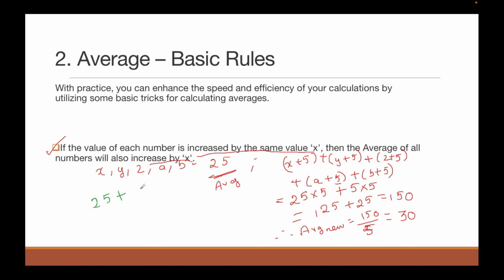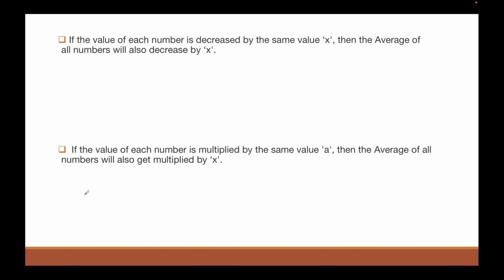Here it will be 5, so 25 plus 5 equal to 30. If we just remember this concept, we can easily do these kinds of sums in around half or 1 minute, right?